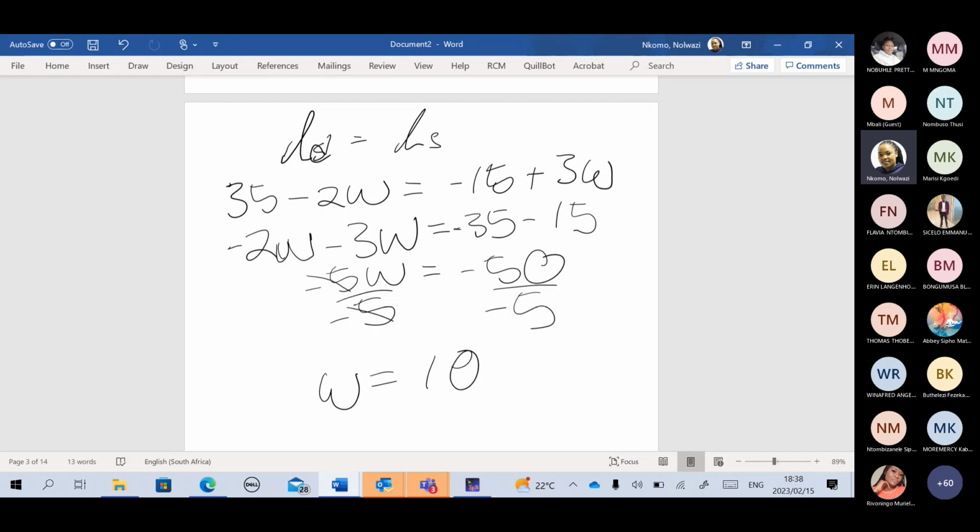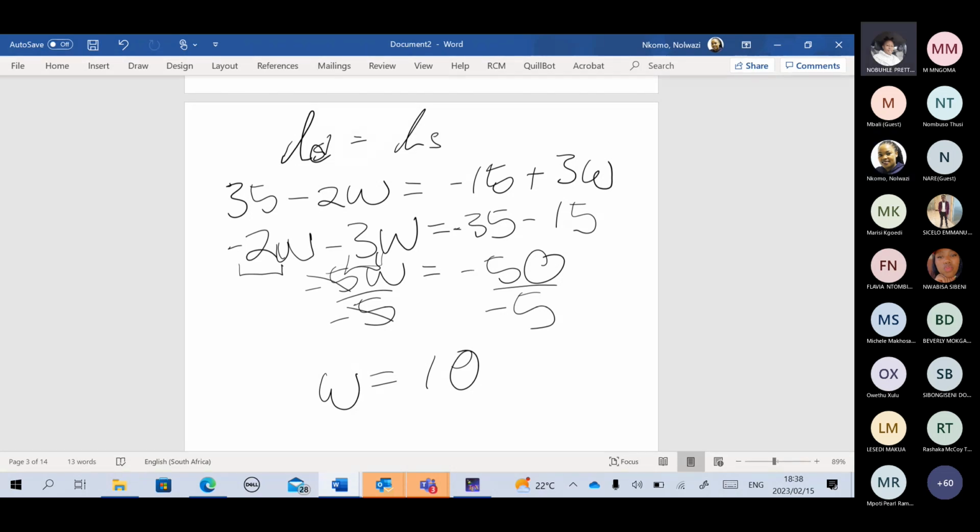If it was 2 plus 3, then it would have been plus 5. Like you have an overdraft of 2 rand, right? And then from your account you use 3 rand again. So you had minus 2 rand and you used 3 rand, right? So that means you'll have minus 5.